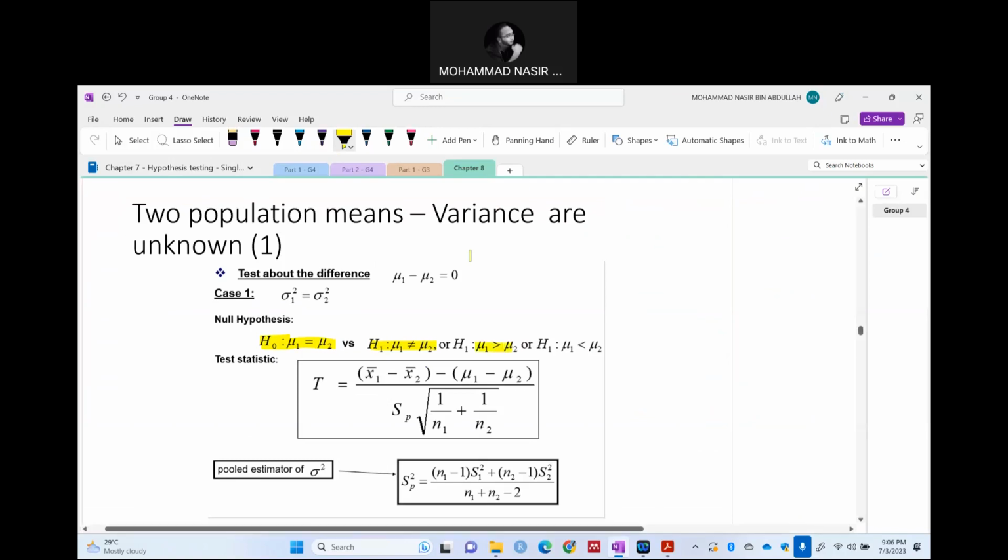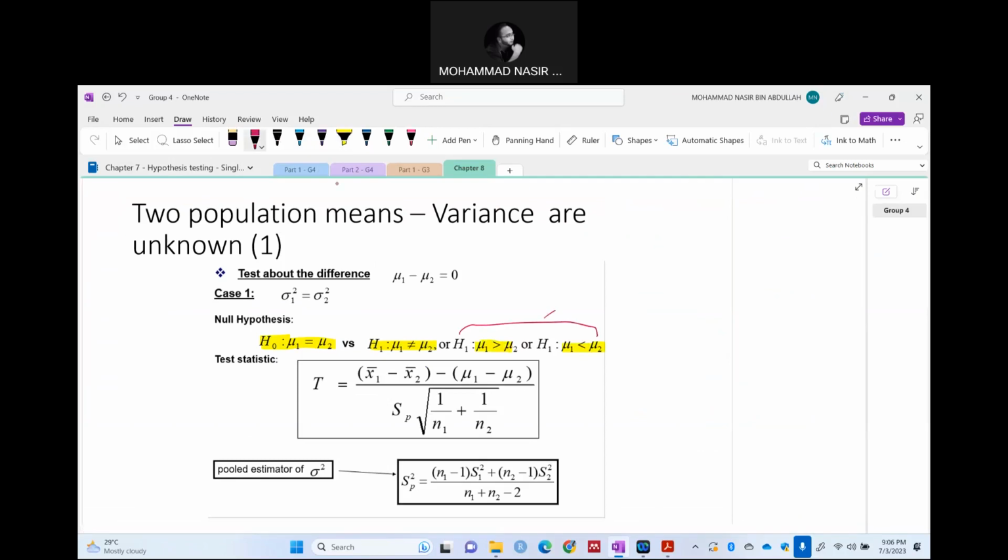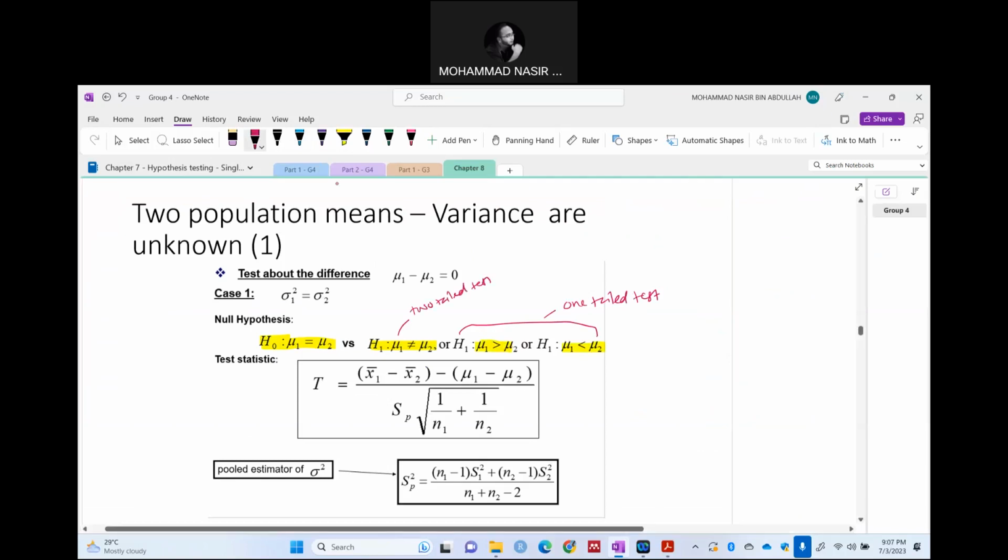Another is if mean of population 1 is more than population 2, or less than population 2. This is an example of a one-tail test, and this is an example of a two-tail test.